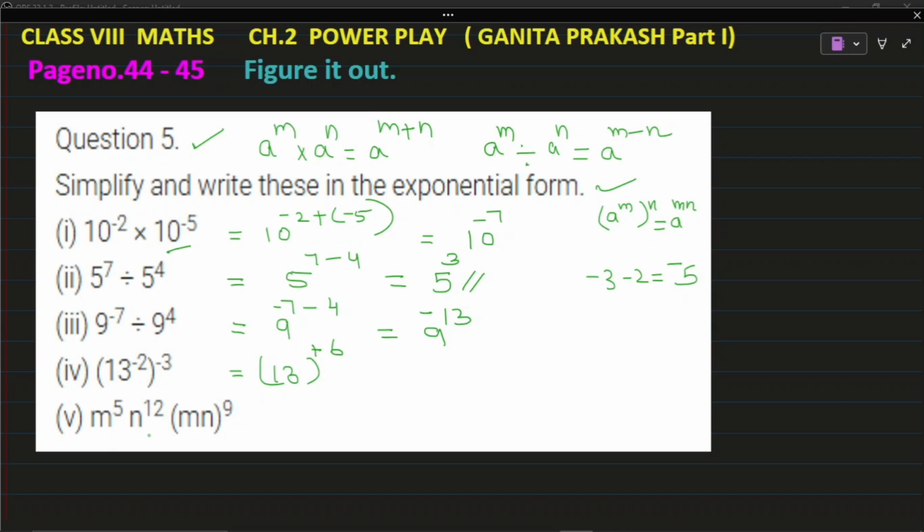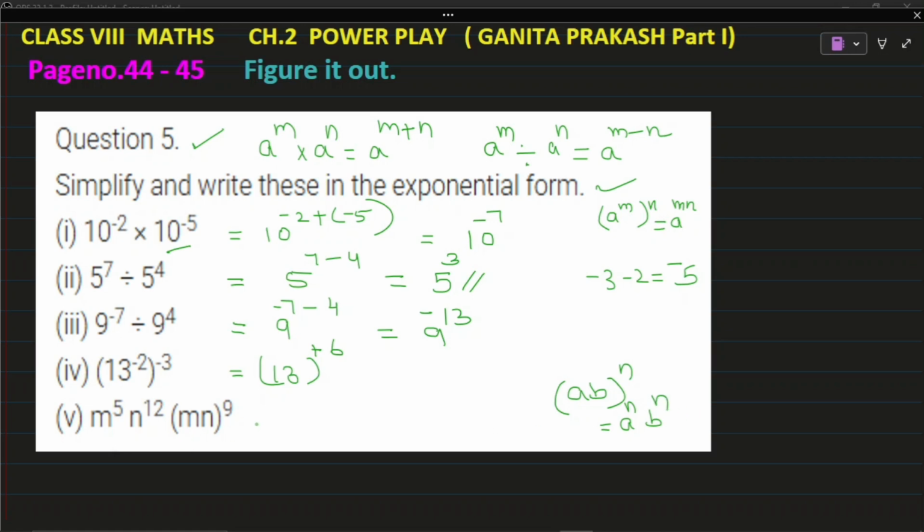Now the next one. Here first we have to open this bracket. That is, this is of the form ab raised to n. So we can write it as a raised to n, b raised to n.